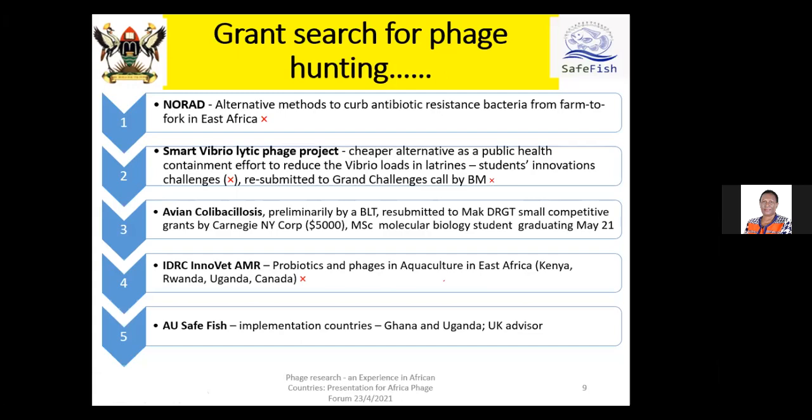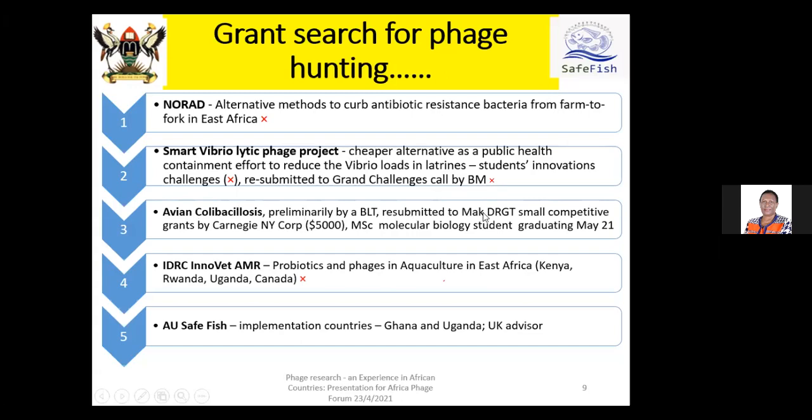We were unsuccessful. We tried to resubmit it to grant challenges called by Bill and Melinda Gates, still not successful. Then the third one is what I mentioned on the previous slide, the undergraduate student who worked on avian colibacillosis.